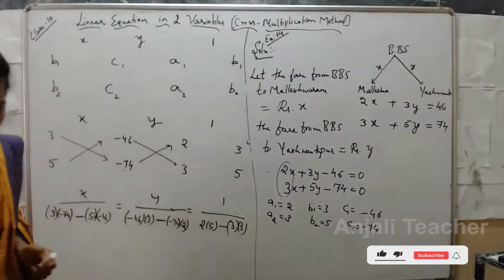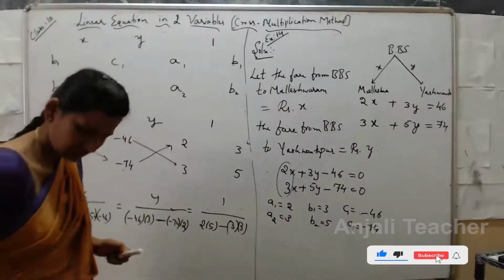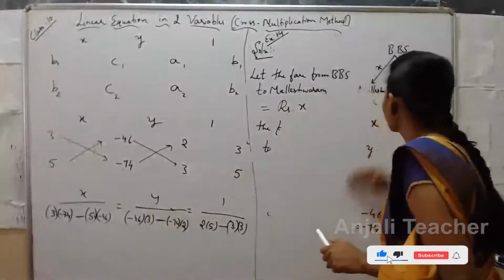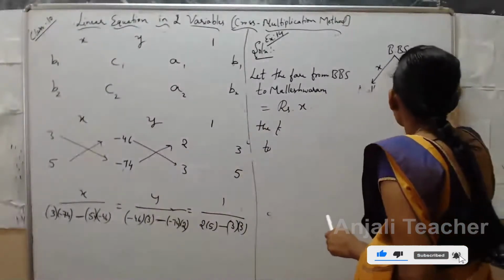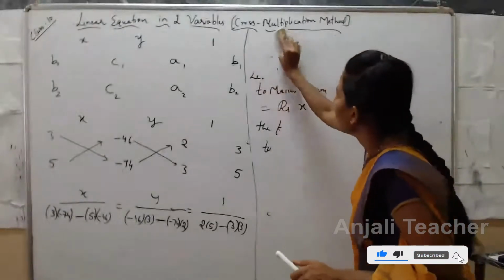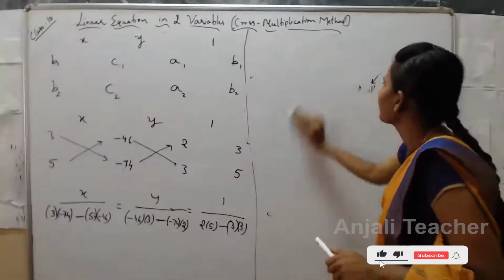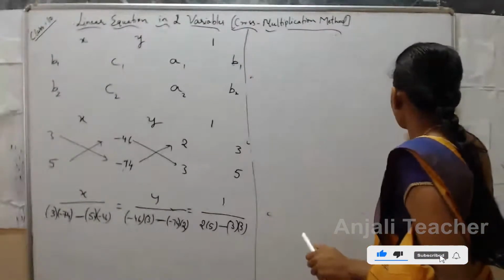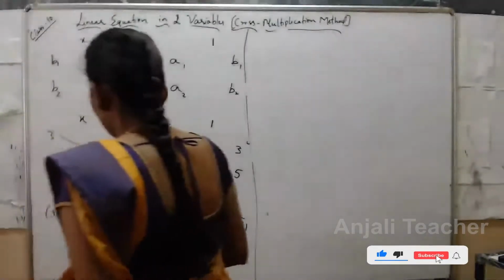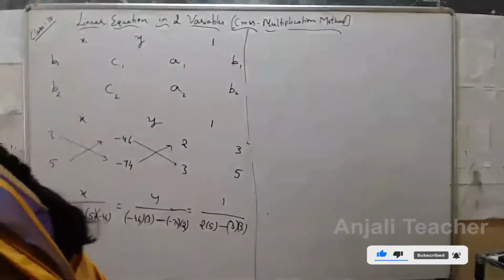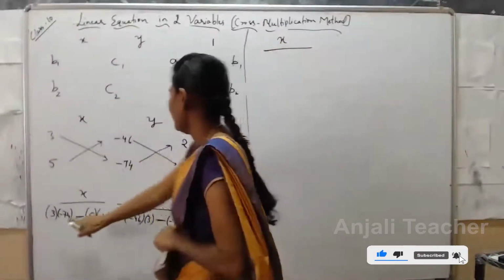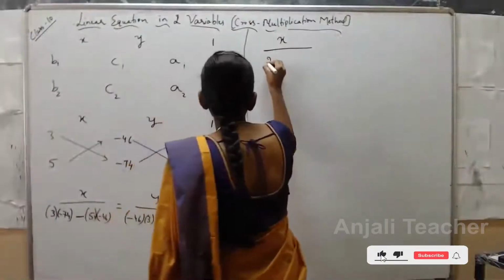How to simplify? See here. X divided by 74 into 3 is 222.